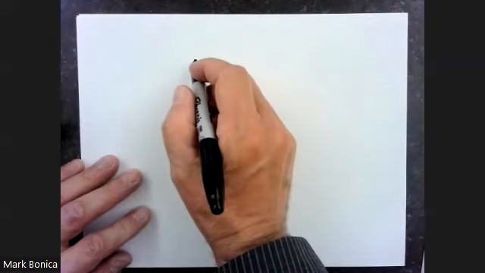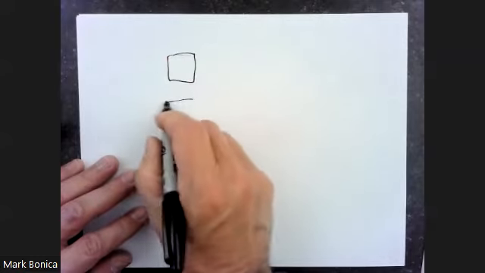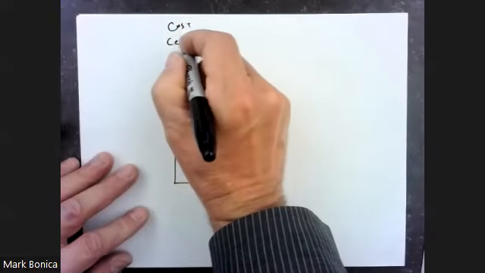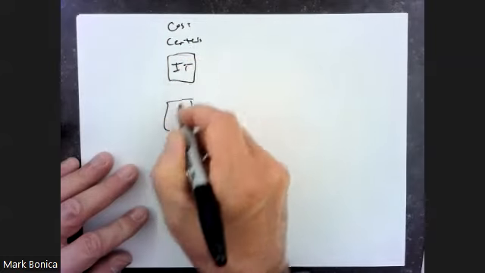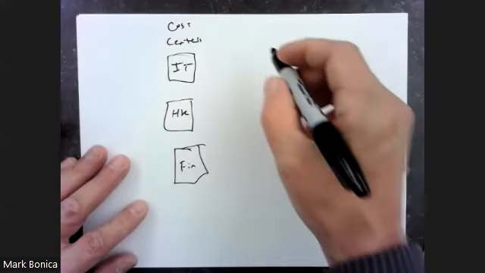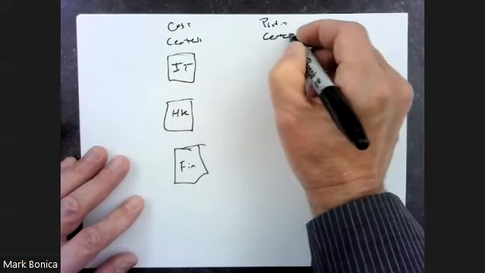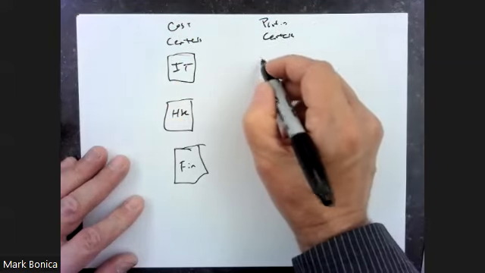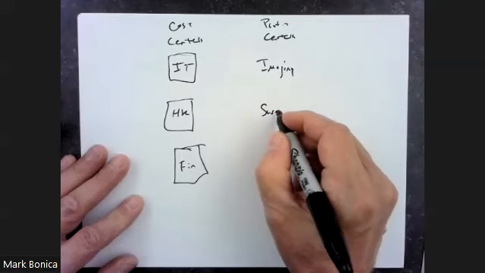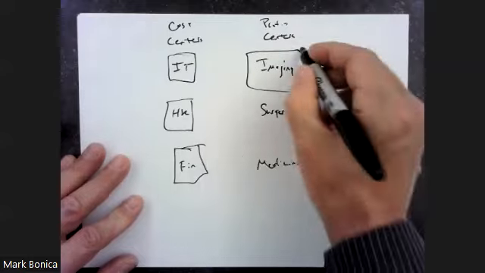So if you imagine an organization that would have these various cost centers, like let's just say IT, housekeeping, finance, and then they have these profit centers, let's say imaging, surgery, medicine, right?